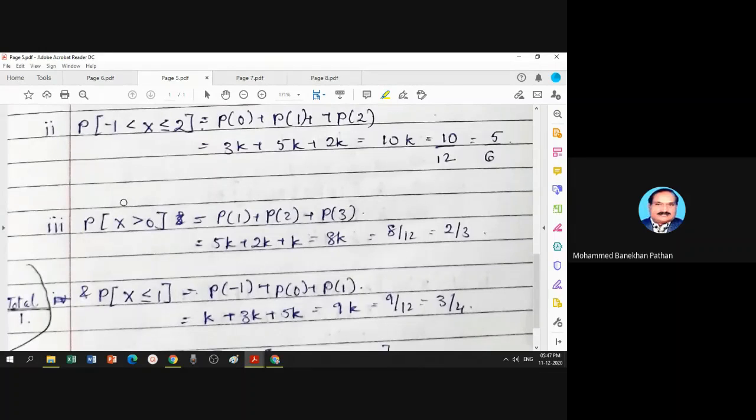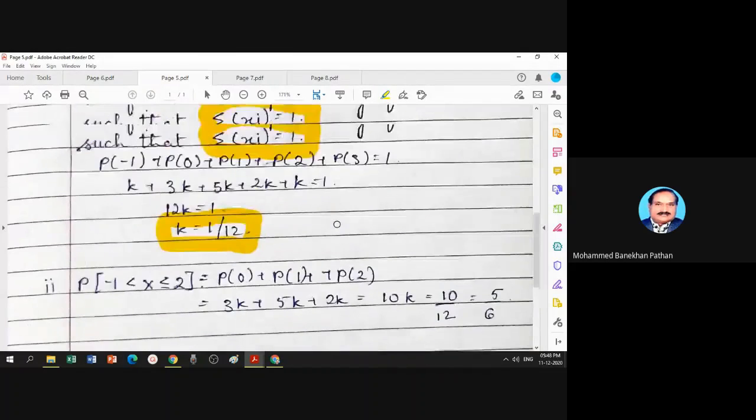So the event says: the chance that my variable will be greater than 0. So favorable values are 1, 2, 3. X greater than 0 means it starts from 1 onward, but I will not cross 3. Why will I not cross 3?